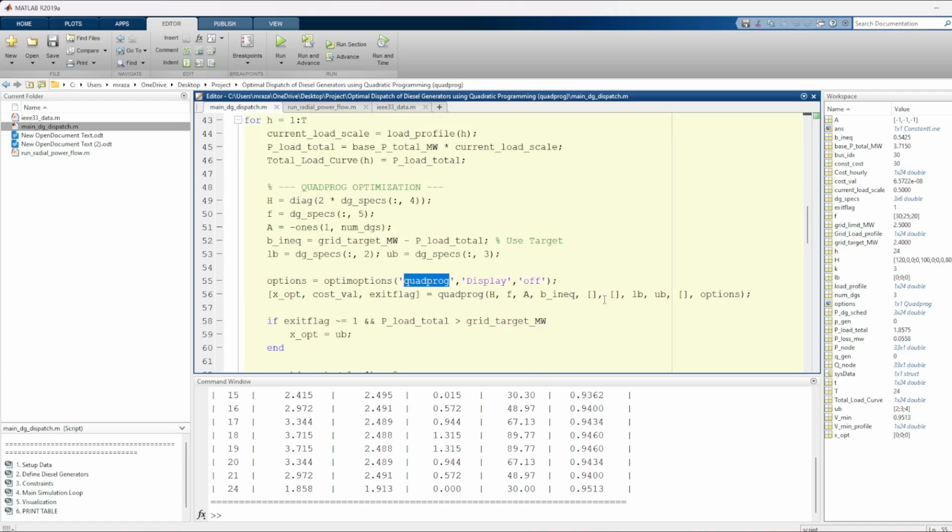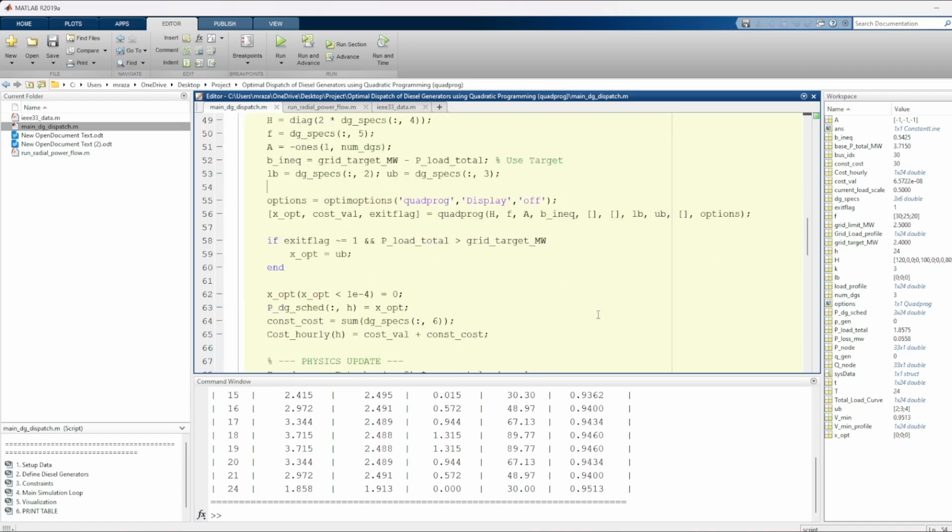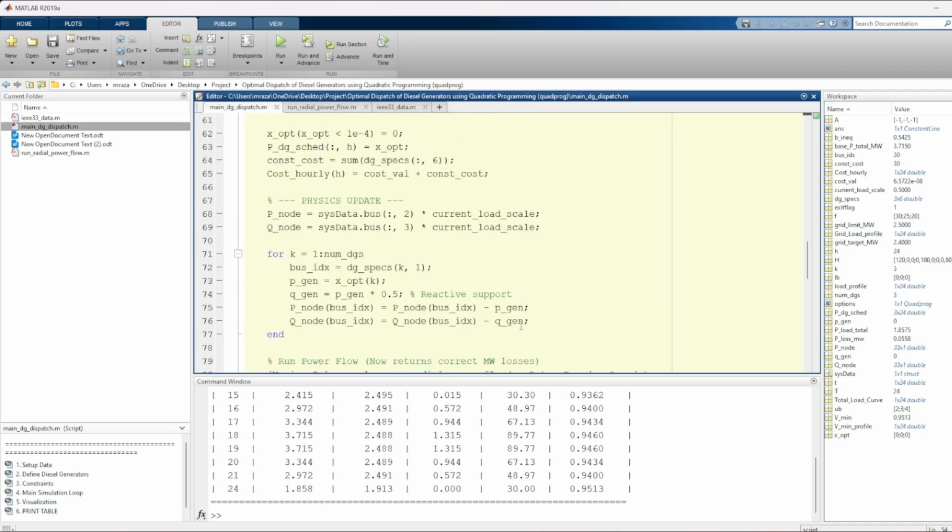So the next one, here, this is the file where we are considering the quadprog optimization. And next one is, where is that file? So here, if I show you, this factor is the reactive support. Generators do not only provide active power, they also provide reactive power.